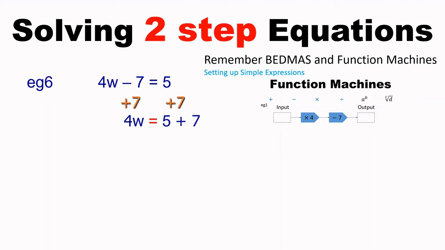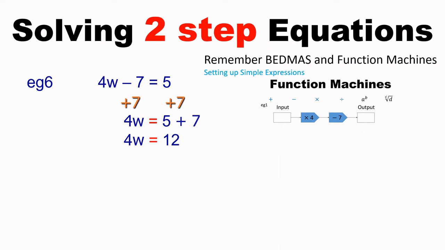So 4w is equal to 5 plus 7 on the right-hand side. Let's simplify that a bit. So 4w must be equal to, I've lined up my equal signs here so you can see where everything's coming from. The 5 plus 7 adds together, working vertically, we put its answer below, 12. 4w must be equal to 12.